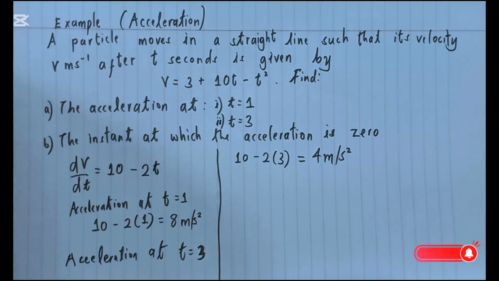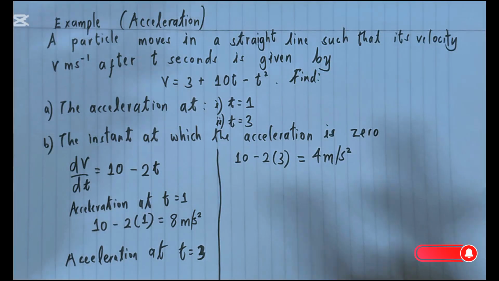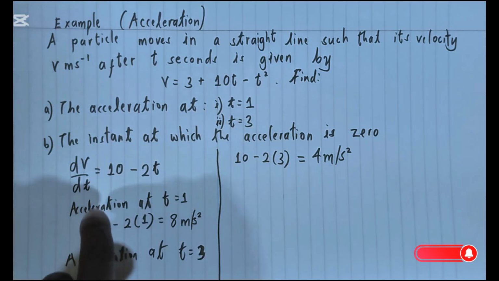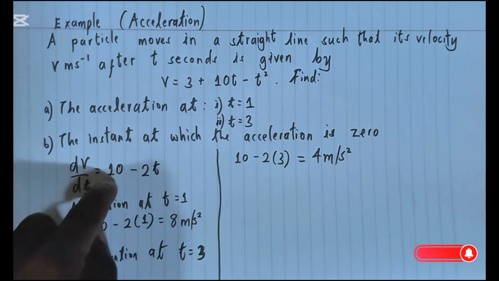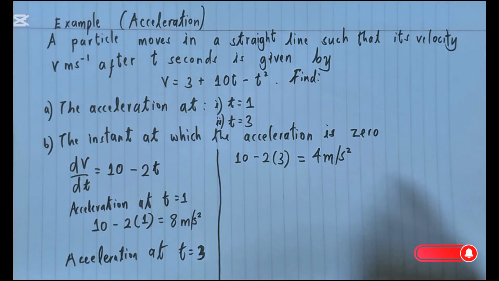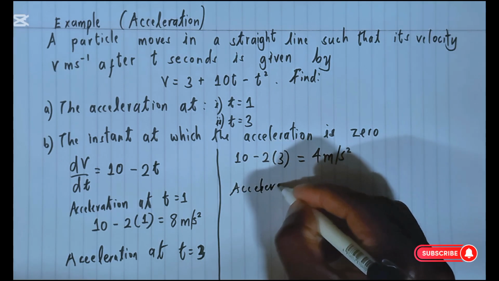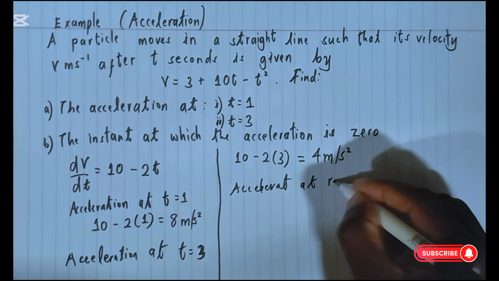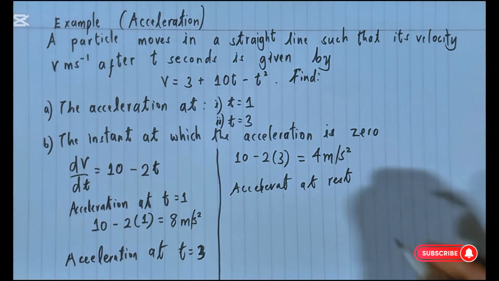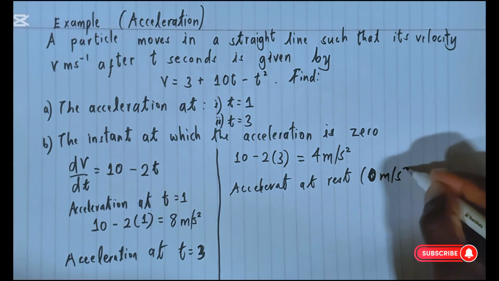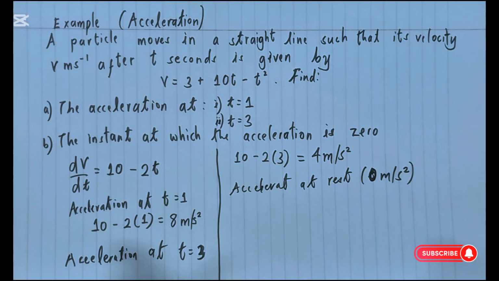We don't have a situation where acceleration is actually changing, and therefore to find the instant, the time when acceleration is equal to 0, we are going to take our acceleration function, that is 10 minus 2t, and equate it to 0. So at what point don't we have change of velocity?